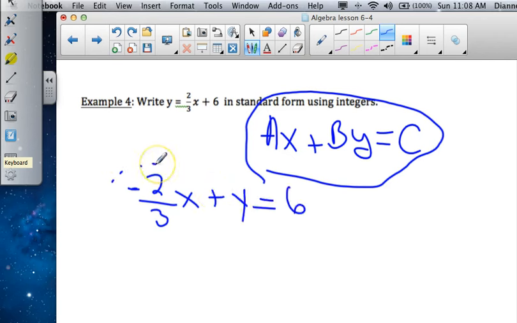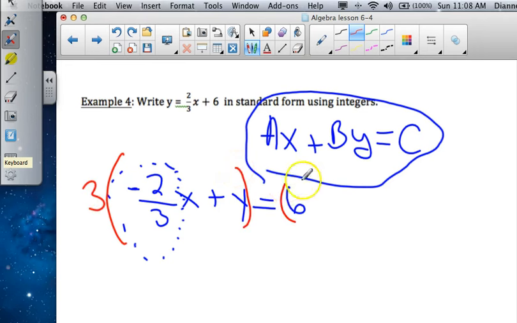Problem, that is not an integer. What can I do to make it an integer? I say, let's multiply both sides by 3. The multiplication property of equality, that's a legal move. I'm not changing the equality. So when I distribute, I get -2x plus 3y equals 18.